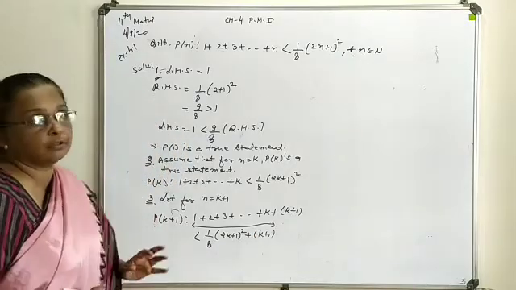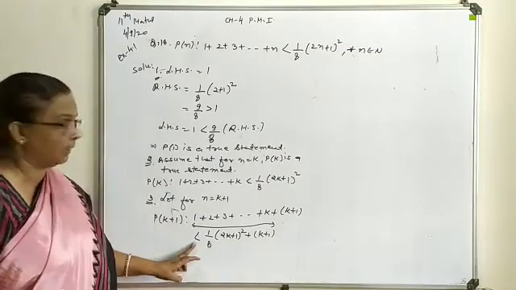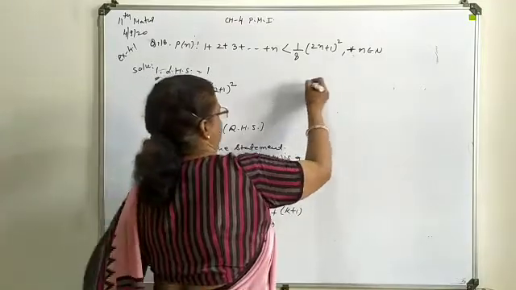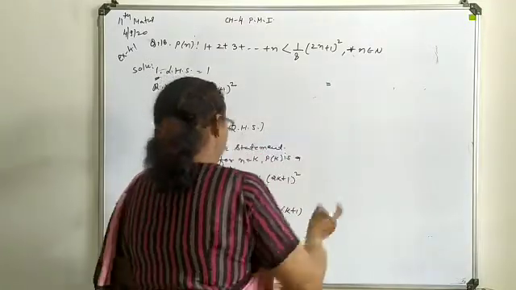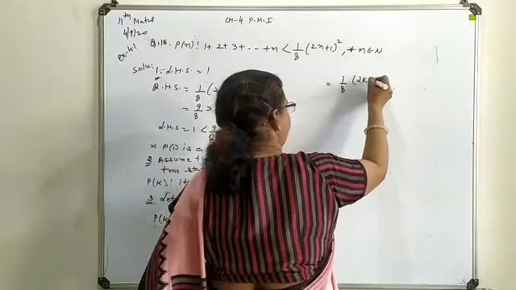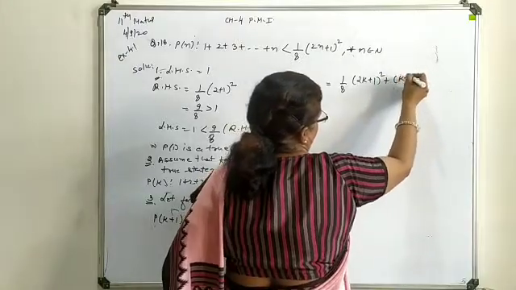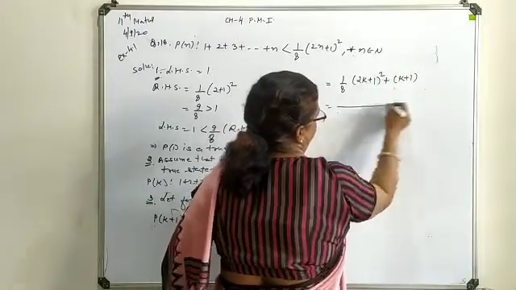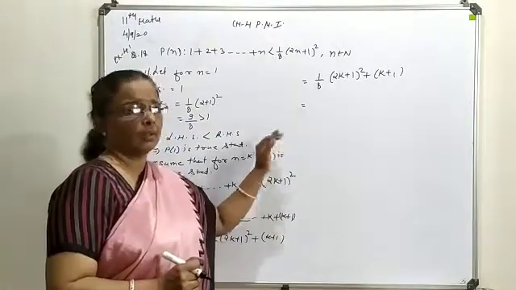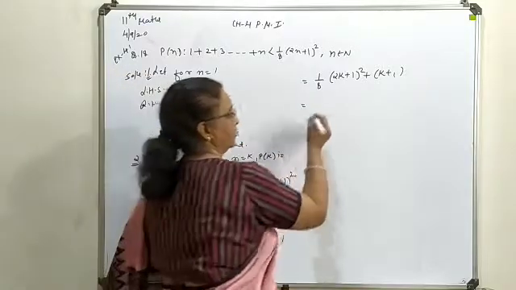Now whatever the solution we are going to write, that is equal to this quantity, not the less than sign. So slightly inside you will write. So here it will be equality with this expression, 1 upon 8. Now here further we are going to take 8 as the LCM.